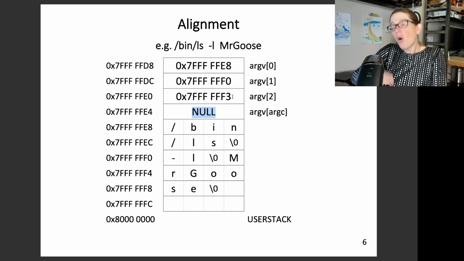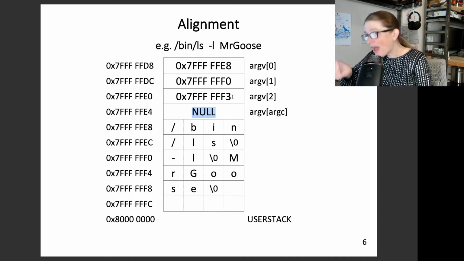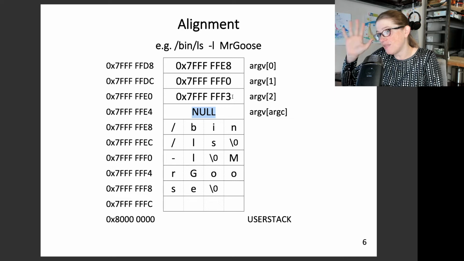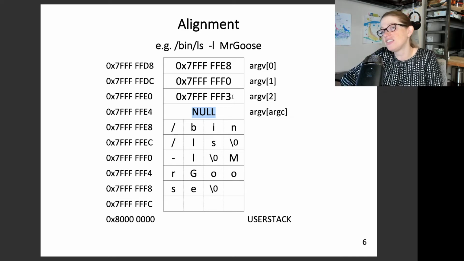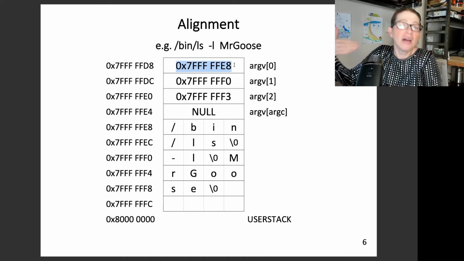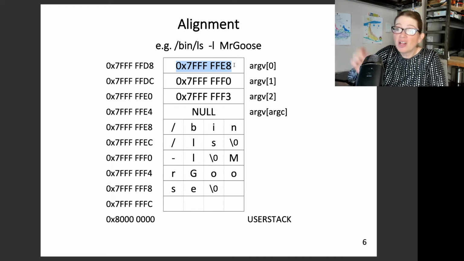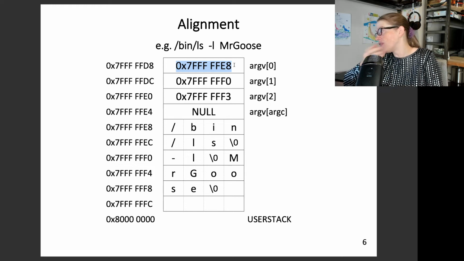Now, the pointer to the array, so the address of this array of string pointers, has to be at an address divisible by 8. My recommendation is to calculate that address divisible by 8, and then since the pointers are already 4 bytes apiece, just plop them all down after that, and then you don't have to do rounding up with each individual one.